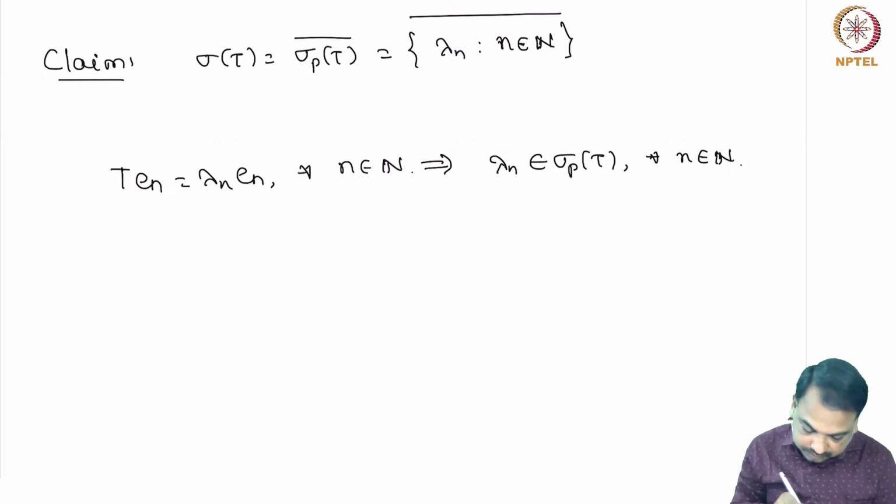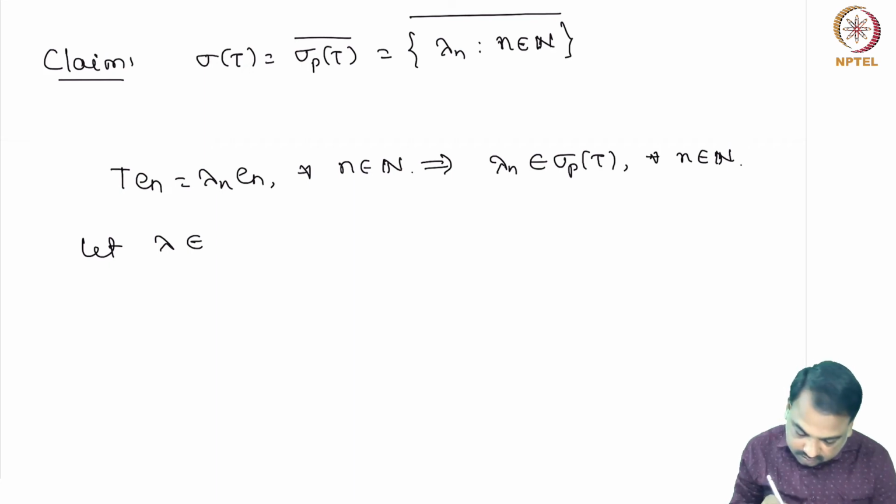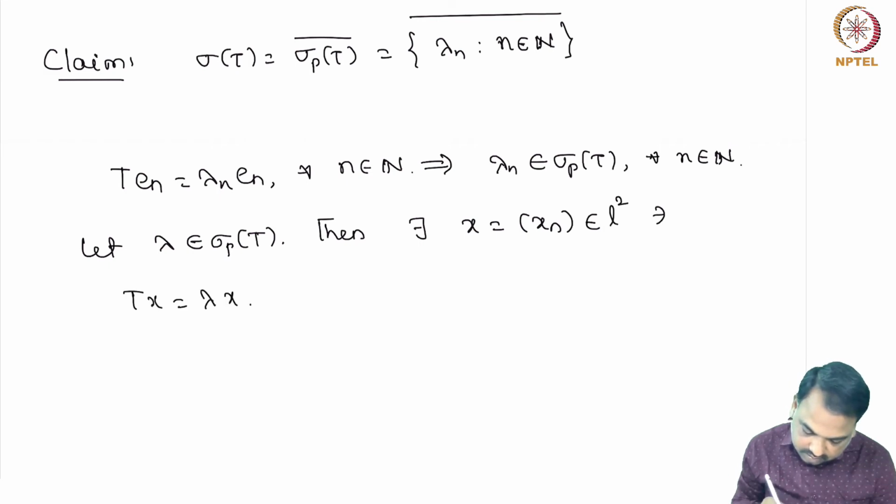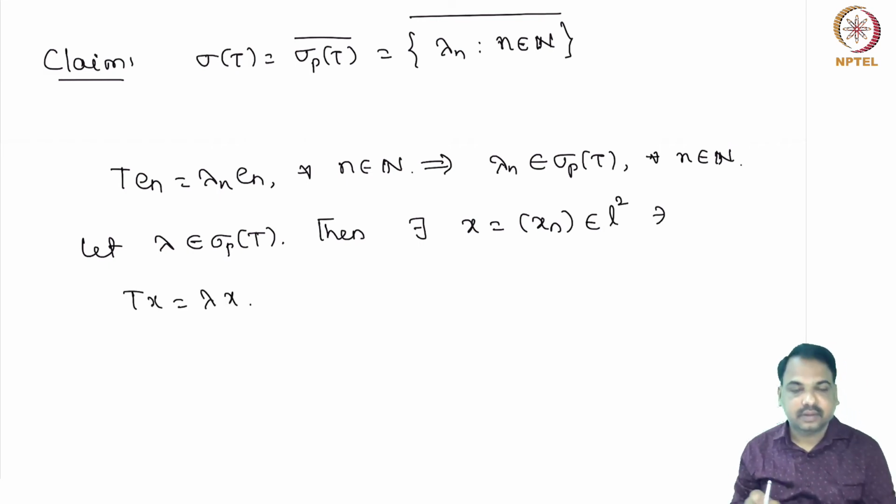So let us take lambda, which is a point in the point spectrum. So then there exists x equal to (xn) in L2 such that Tx equals lambda x.